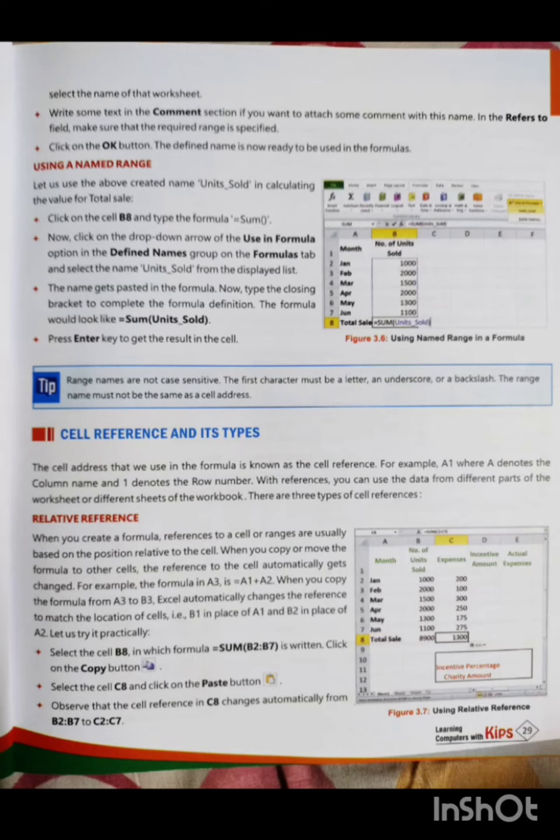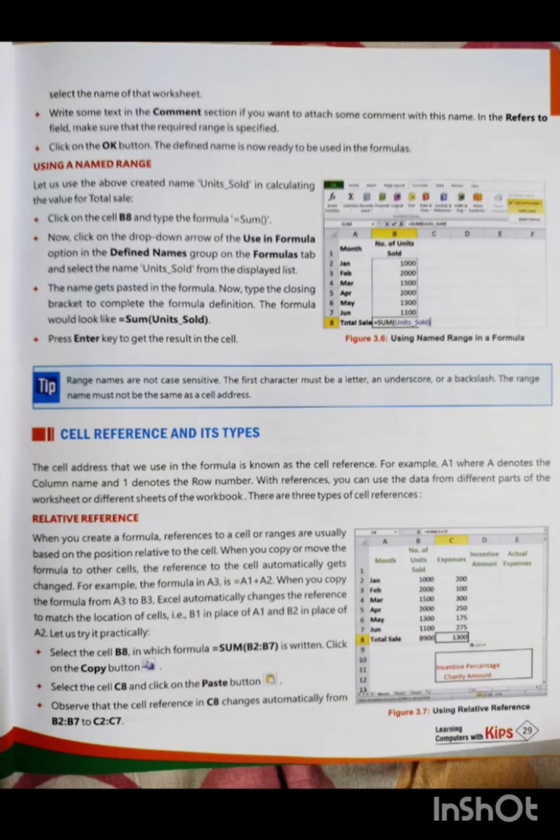So a cell reference is basically the address of the cell, using the column name and row number, through which we can use data from different parts of the worksheet.